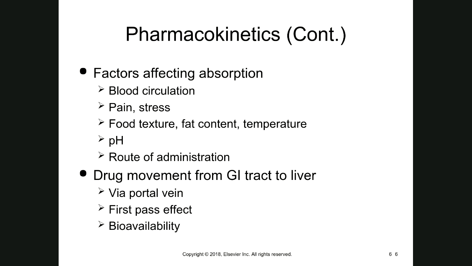Okay, in pharmacokinetics, factors affecting absorption are blood circulation, pain, stress, food texture, fat content, temperature, pH, route of administration, drug movement in the GI tract to the liver via the portal vein, the first pass effect, and the bioavailability.